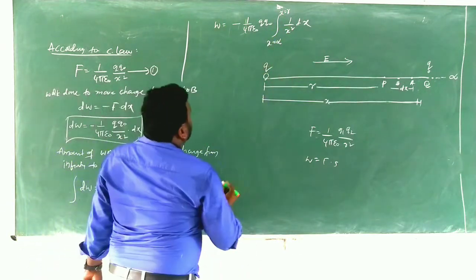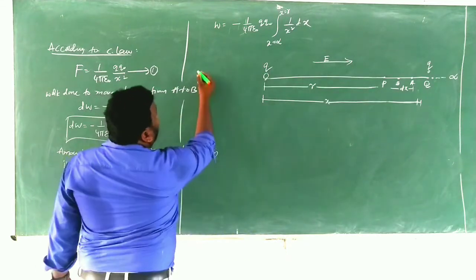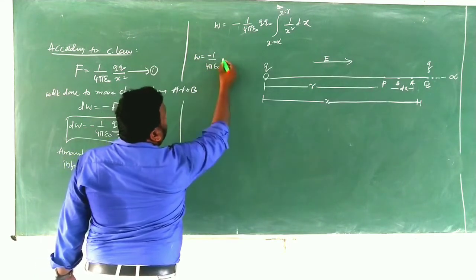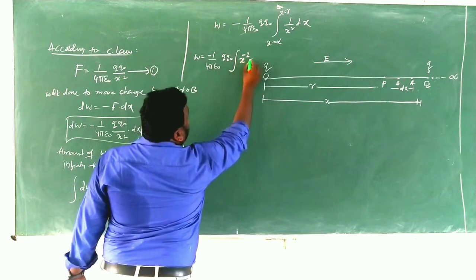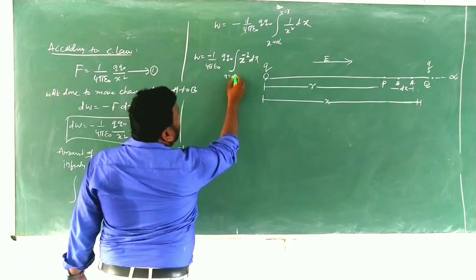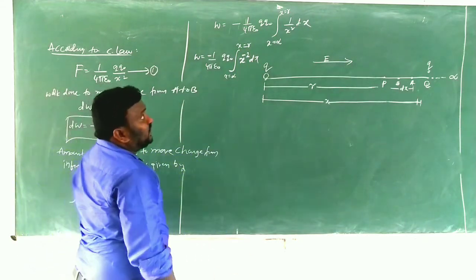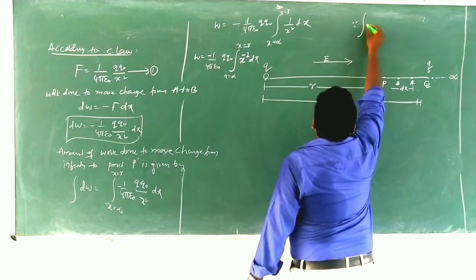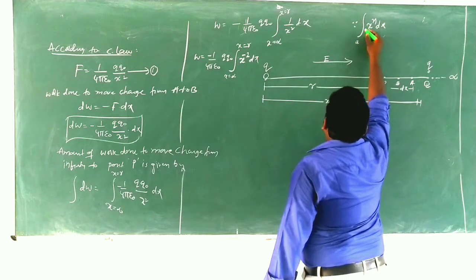That can be written as W is equal to minus 1 by 4 pi epsilon naught q naught integral of x to the power of minus 2 dx, with x from infinity to r. Clear, children? Here you have to remember one formula: the integral of x to the power of n dx with limits a, b.